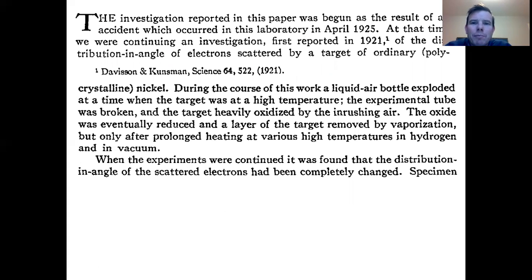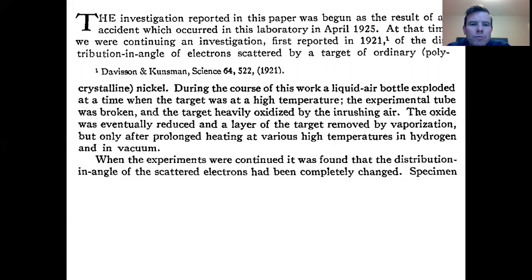The investigation reported in this paper was begun as the result of an accident which occurred in this laboratory in April 1925. At that time, we were continuing an investigation, first reported in 1921, of the distribution in angle of electrons scattered by an ordinary target of nickel. During the course of this work, a liquid air bottle exploded at a time when the target was at a high temperature.